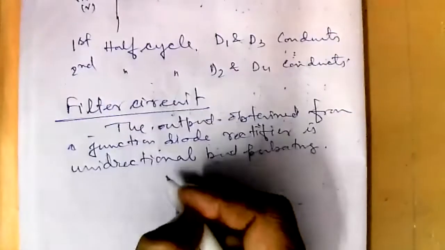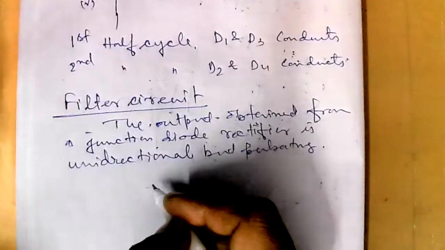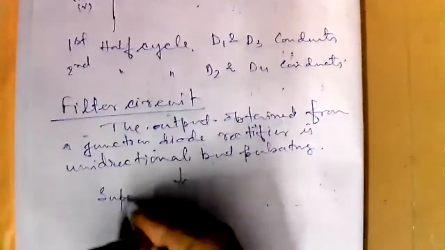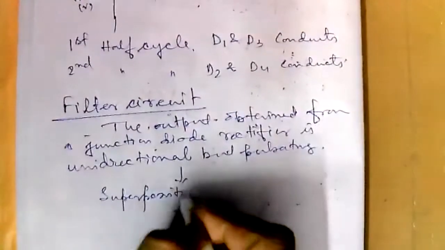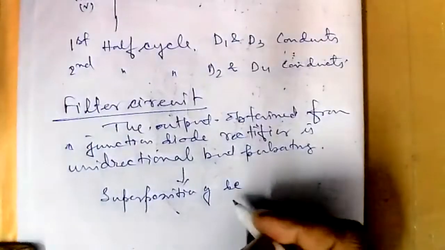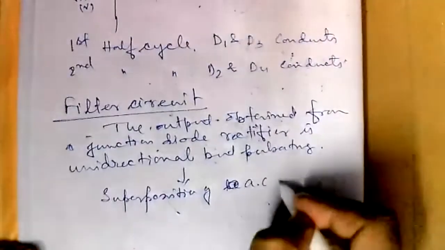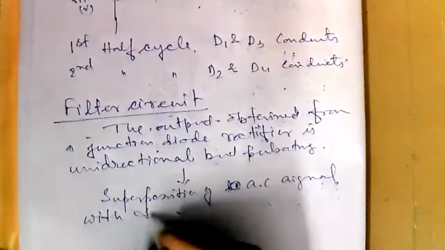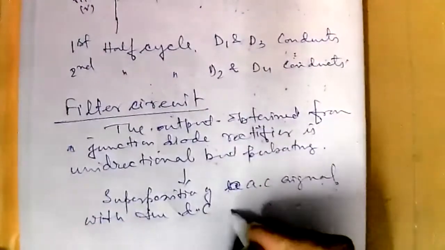Such a signal can be considered as a sum of AC and DC signal. So it is basically a superposition of an AC signal with the DC signal.